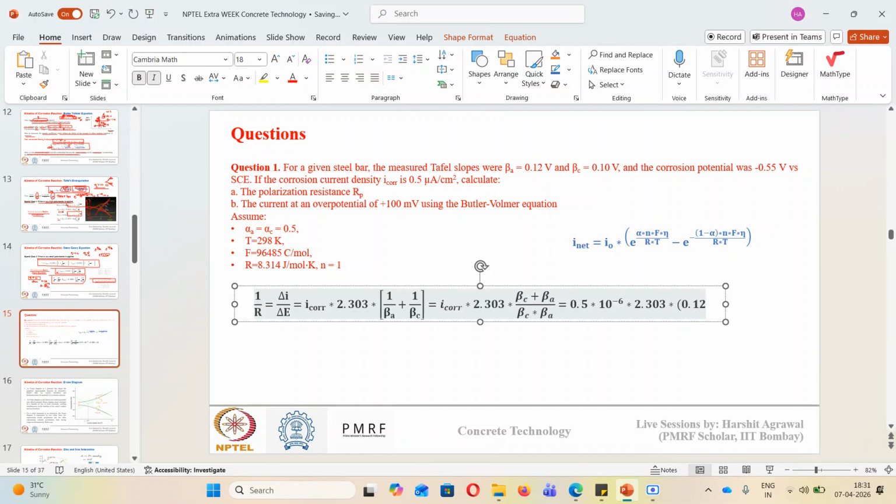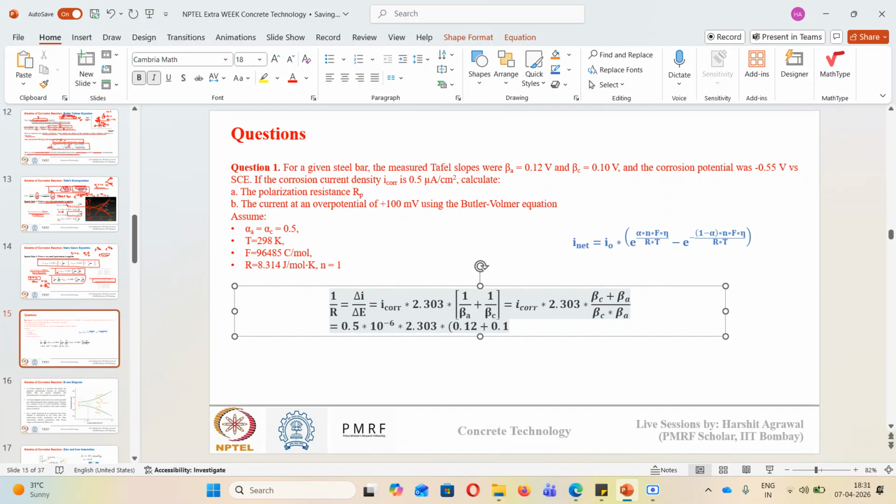So it is 0.12 plus 0.10, whole divided by 0.12 times 0.10.